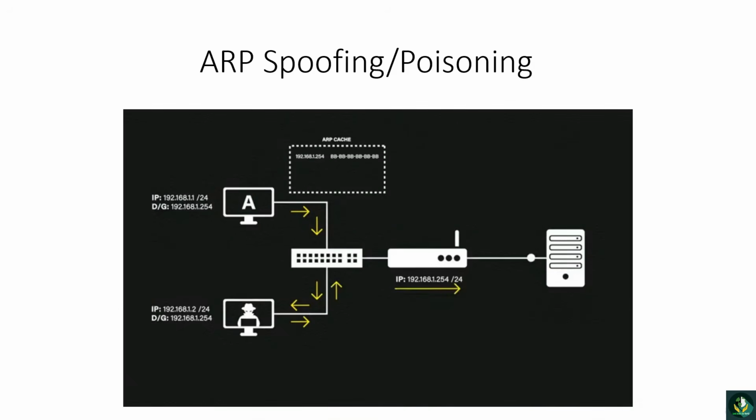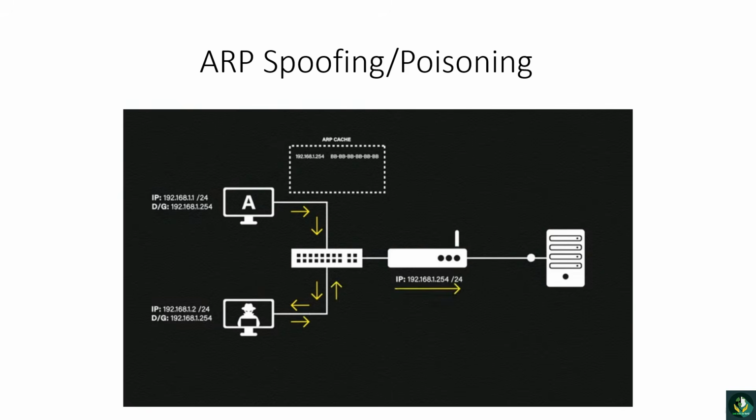So let's talk about ARP spoofing, or in short, ARP poisoning. ARP spoofing is a technique where the attacker sends malicious ARP packets to the default gateway and to the host who is communicating with the default gateway in the local area network.